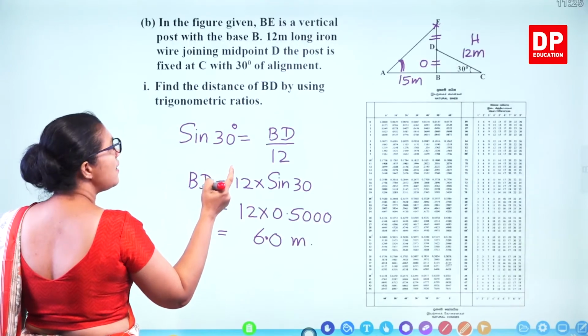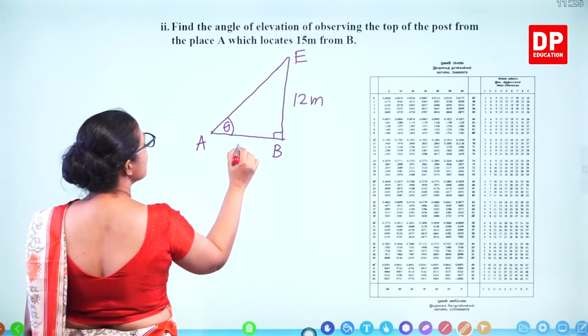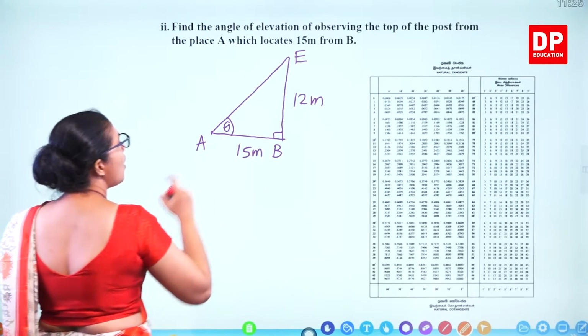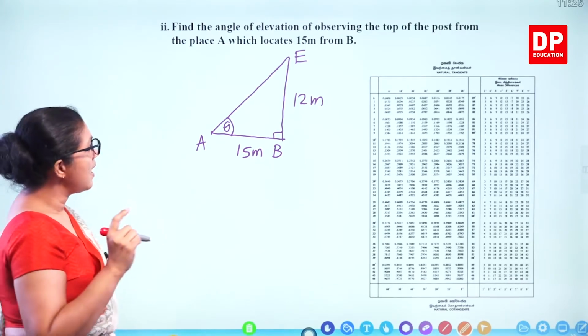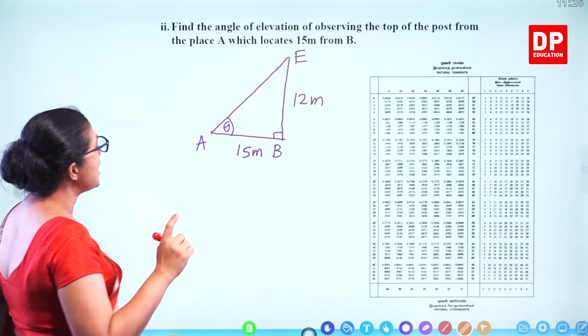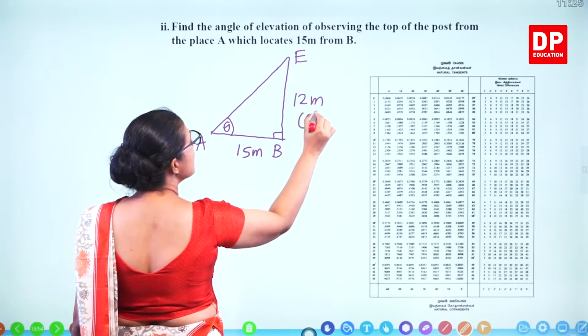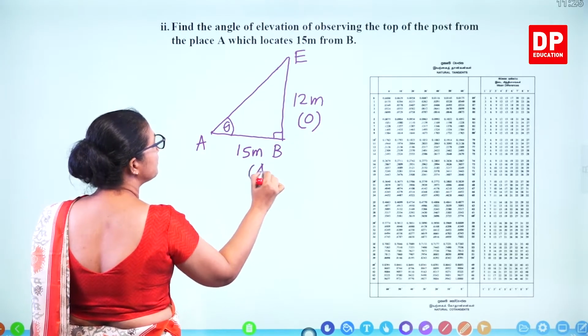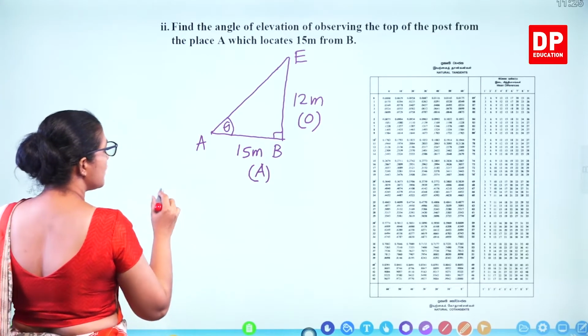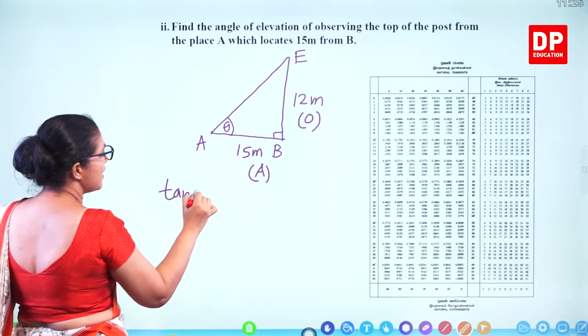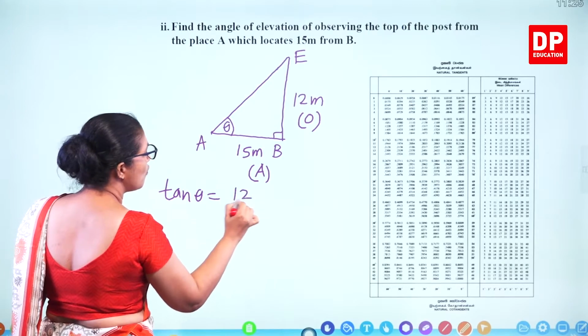AB is given 15 meters. Now, how do you find out the angle? What's the appropriate trigonometric ratio? Opposite and adjacent to this angle. So that's tan. Tan theta equals 12 over 15.